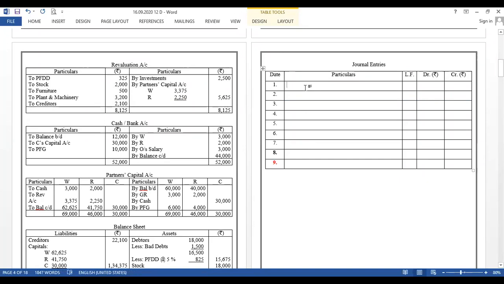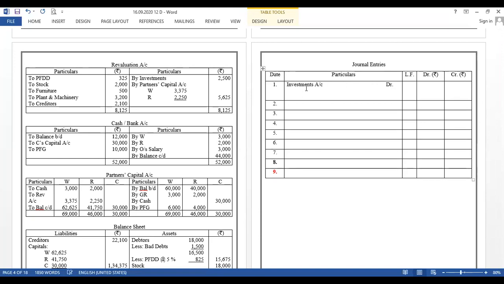So the entry over here will be investments account debited to revaluation account. This is always going to be as simple as this. We are into revaluation account on the credit side. So revaluation credit, investments debit, amount 2,500.